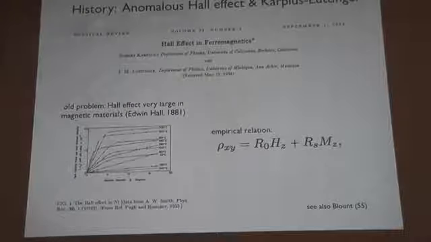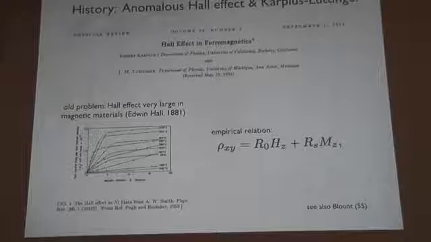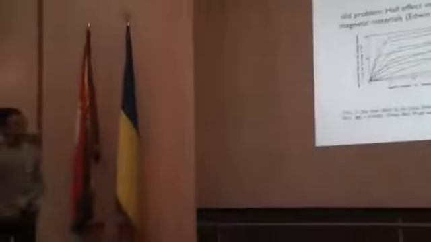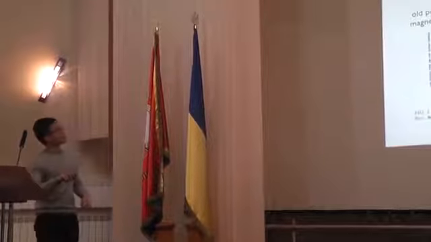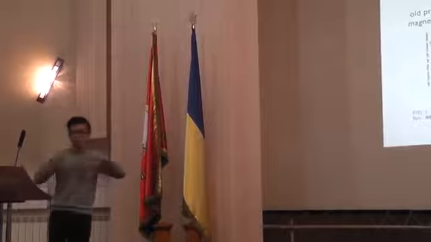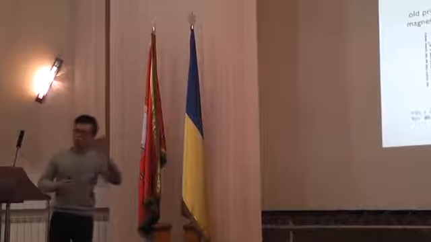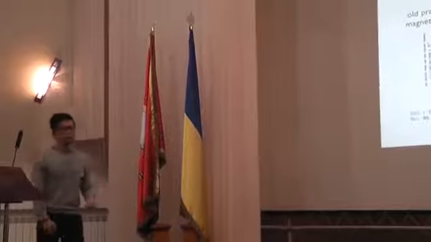A few years after he discovered the Hall effect, he discovered something called the anomalous Hall effect, a large effect that happened in ferromagnetic materials, and it was not really understood for quite a bit of time. Then a little paper came out in the 50s by Karplus and Luttinger, and they proposed an explanation which I will outline in the coming slides.